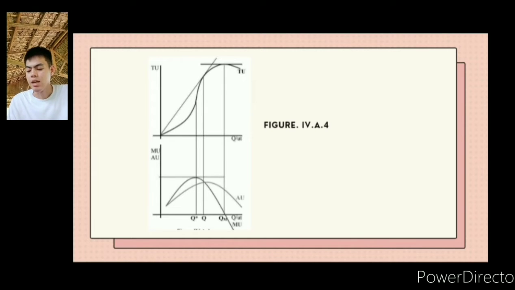Marginal utility equals average utility. Then kapag nag-maximum ang total utility, ang marginal utility ay 0. Tulad nung nakikita natin dun sa figure.